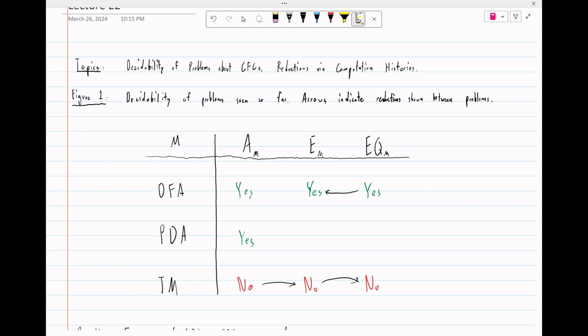Because you can always convert between the two, since they recognize the exact same class of languages, and you can construct a deterministic Turing machine that simulates any non-deterministic Turing machine you give me, the results are the same here.